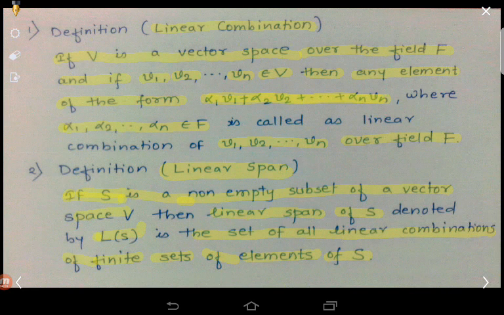Hence, for taking the linear combination, we need finite elements. Therefore, we consider finite subsets of S, take linear combinations of all the elements of that subset, and if we collect those linear combinations in a set, that set is called the linear span, and it is denoted by L of S.